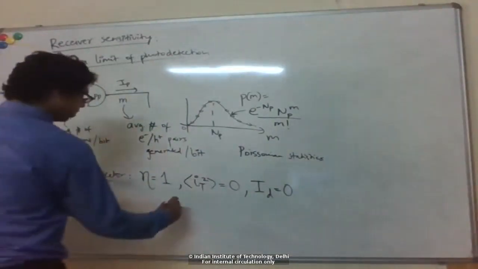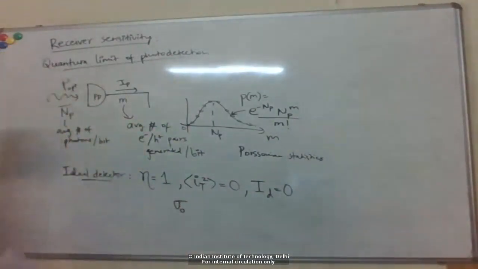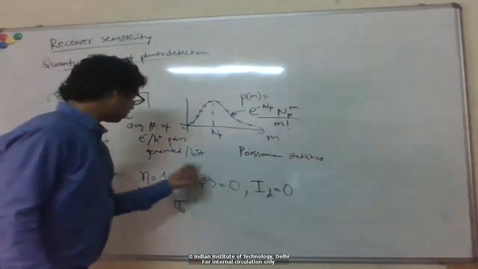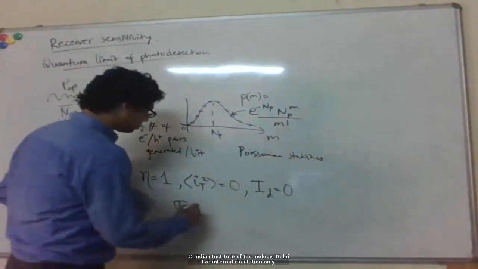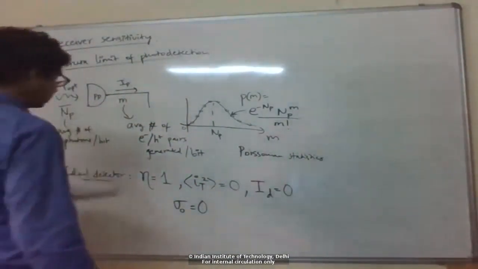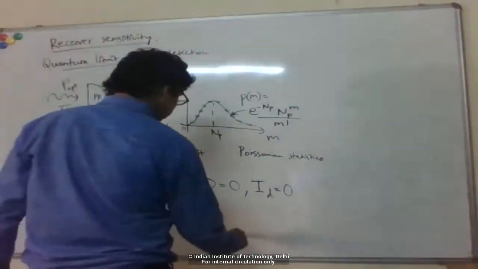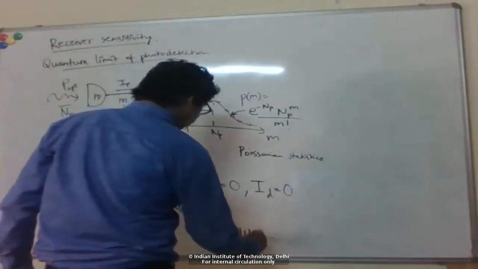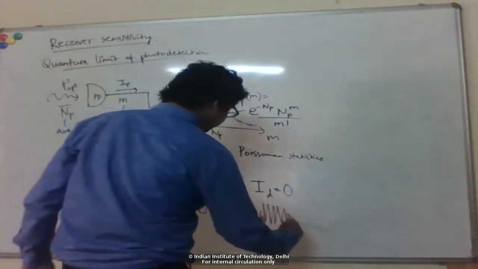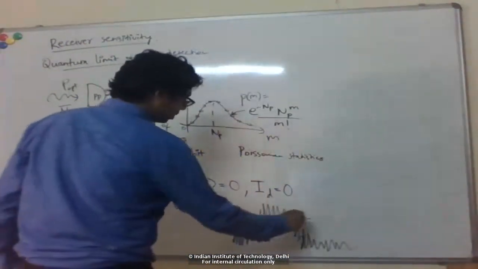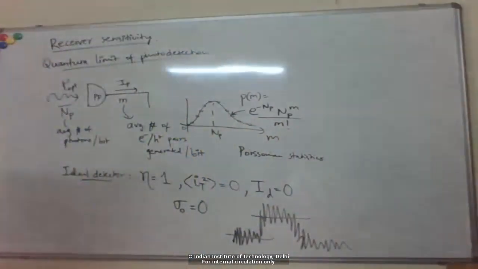Okay, so from this, basically for bit 0, since we are not sending any photons here, there are no photons incident, and dark current is 0, thermal noise is 0, everything is 0. So the noise variance for bit 0 is actually just 0. Which means that if I look at the bit stream now, in the usual case, for example, when I have thermal noise, it looks something like this: I have noise for bit 1 and also for bit 0 levels.